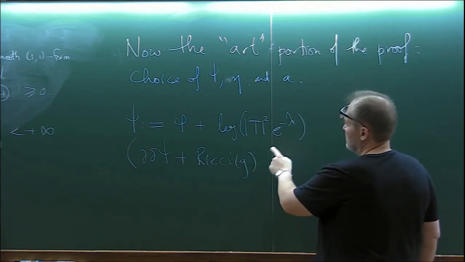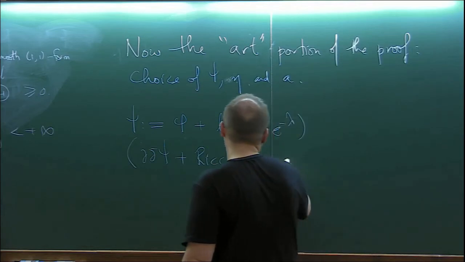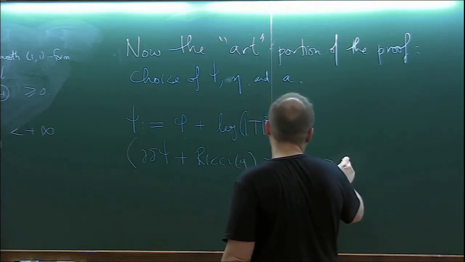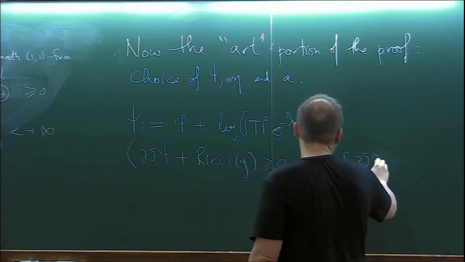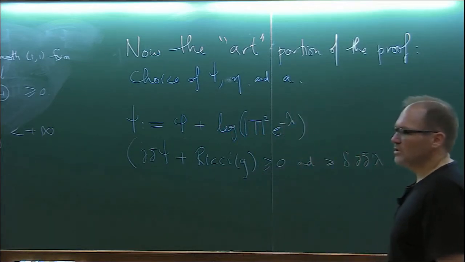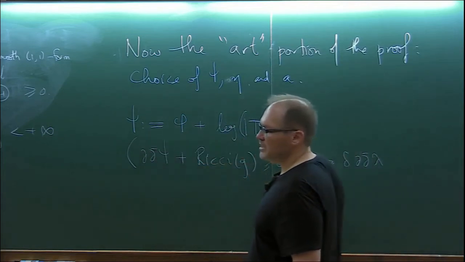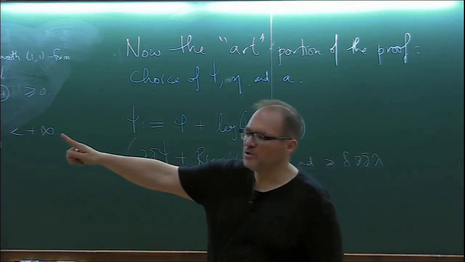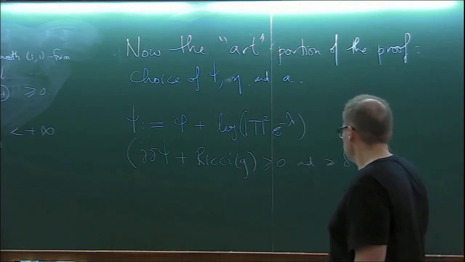This is going to be greater than or equal to 0 and greater than or equal to delta dd bar lambda. Because psi is basically phi minus lambda, if phi satisfies those conditions, then psi satisfies these.